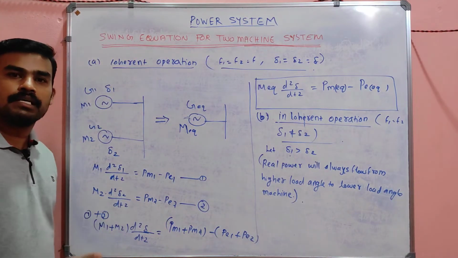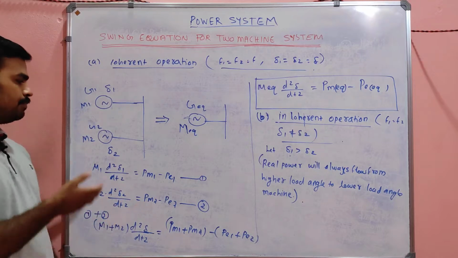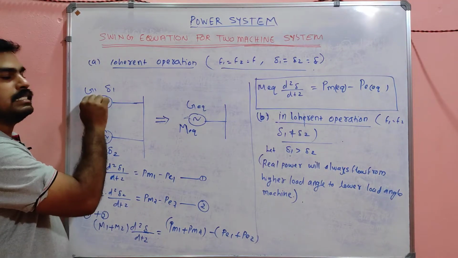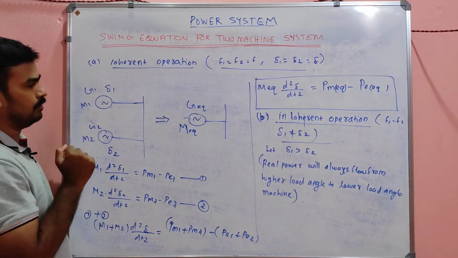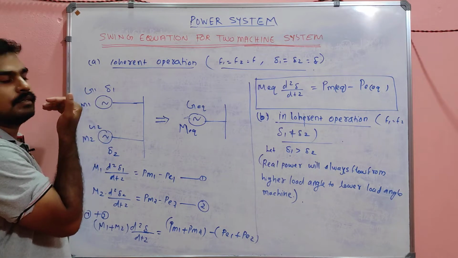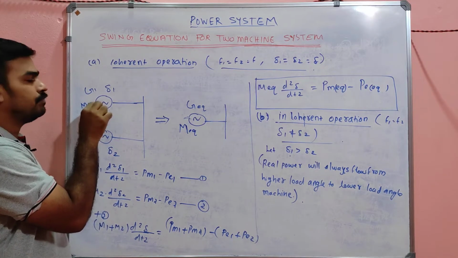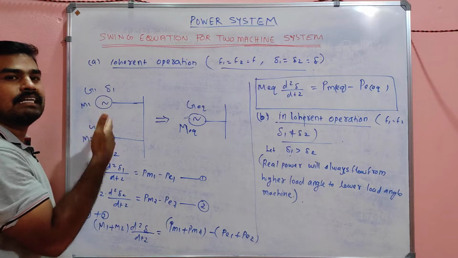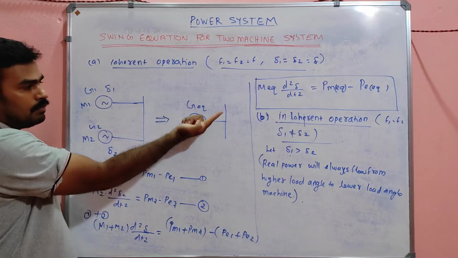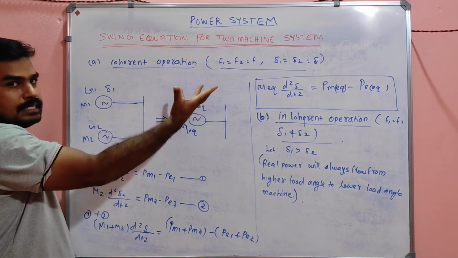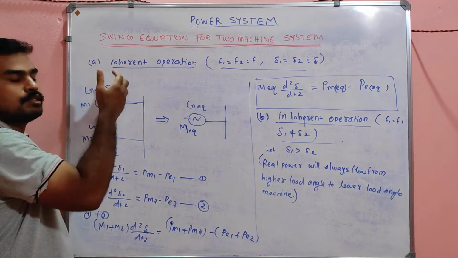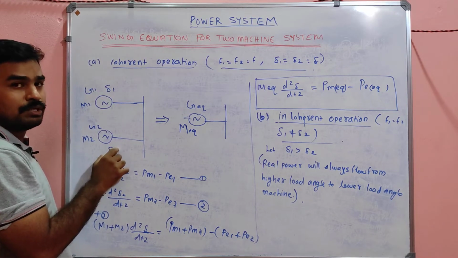That means whenever we increase the speed of one alternator, suppose G1 is the first alternator and this is the second alternator, if we increase the load angle of G1, we are increasing the speed. My dear, load angle increasing means speed is increasing. So this is at higher speed than G2.